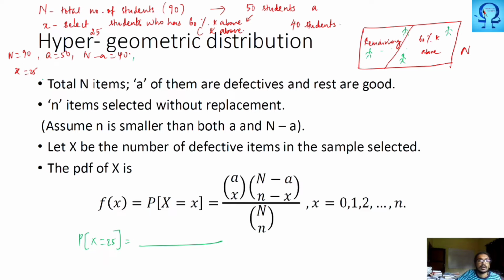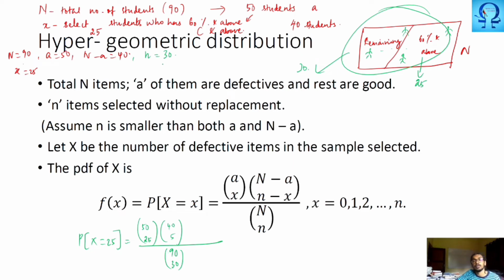Suppose in total I am going to select 30 students, out of which 25 are falling in this group. I am expecting 25 in this group, but as a whole I am selecting 30 students. So out of 90, I am selecting 30. But out of this 50, I have selected only 25, and the remaining I have selected from the other group.